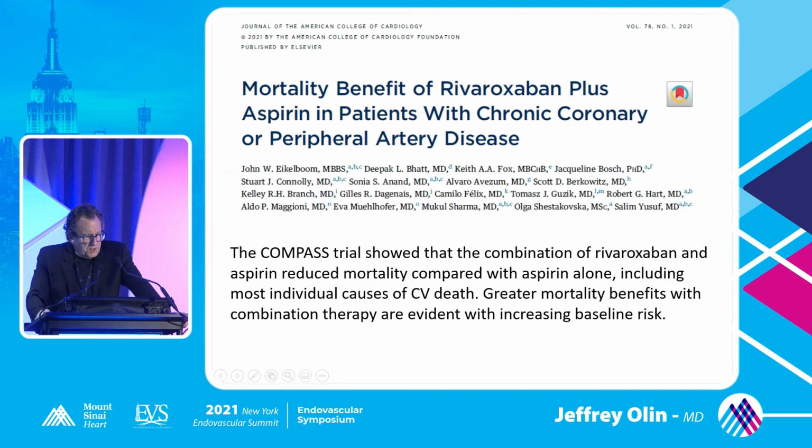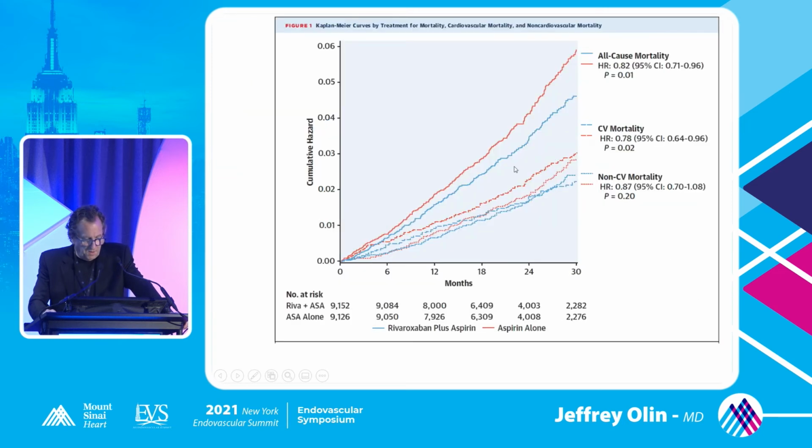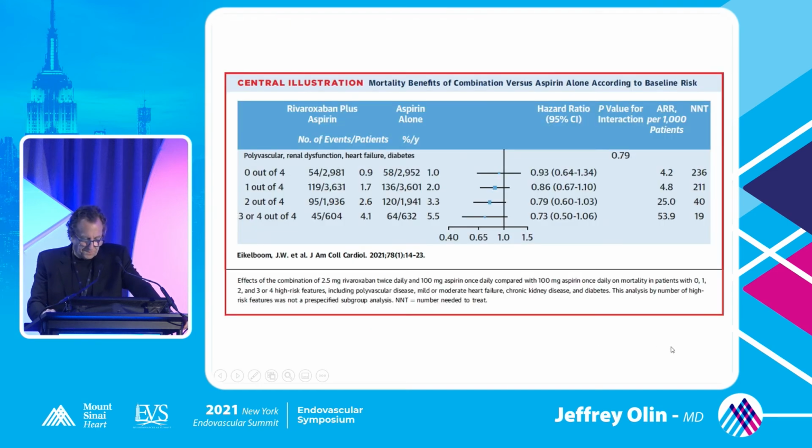Now, this was just published, and this helps us decide which patients we should put on this regimen, because if bleeding is increased, you don't want to put every patient on this regimen. But this allows you to put the highest risk patients on a program like this. So you already know what the COMPASS trial showed, and here's all-cause mortality and cardiovascular mortality.